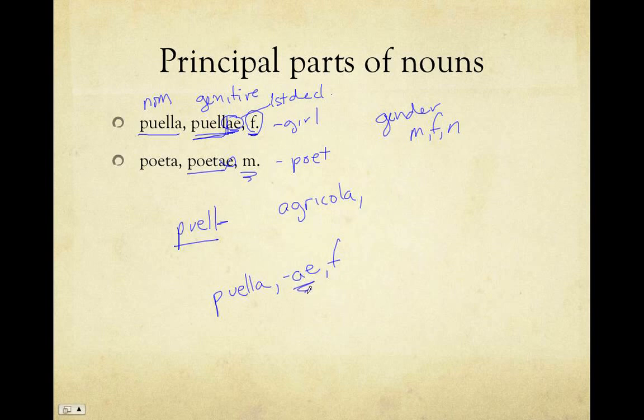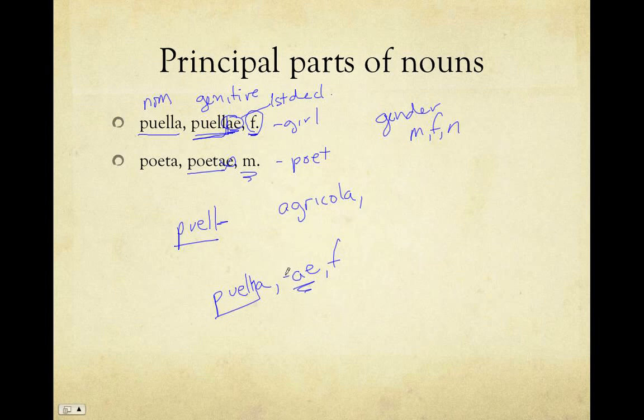So we'll see that AE, that tells you, this is a first declension noun, as I said before, and the stem is very standardly built by dropping the A from the first principal part. Okay, so remember those principal parts. They will help you as we move on.